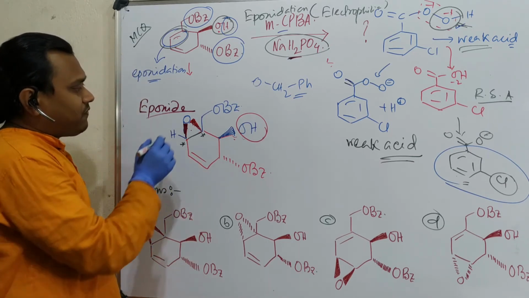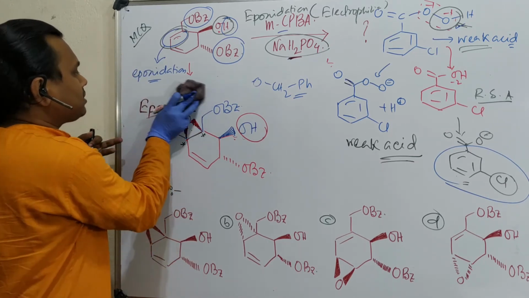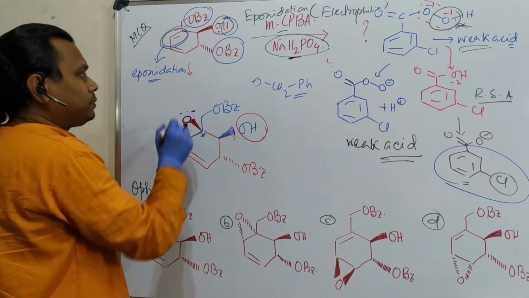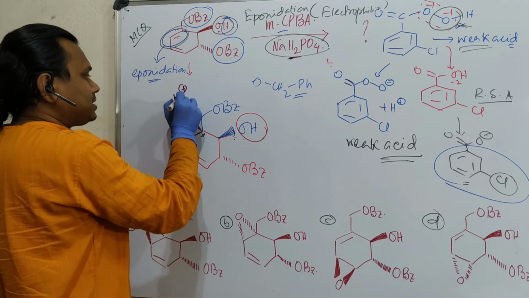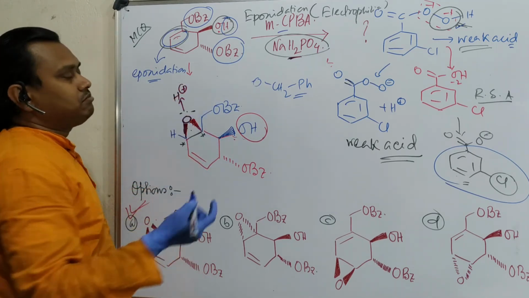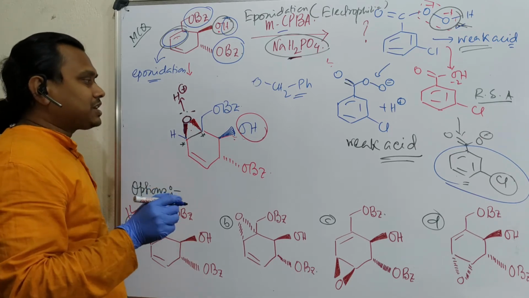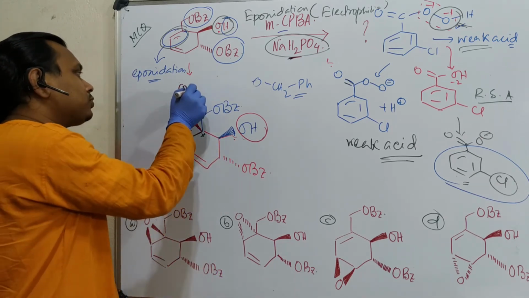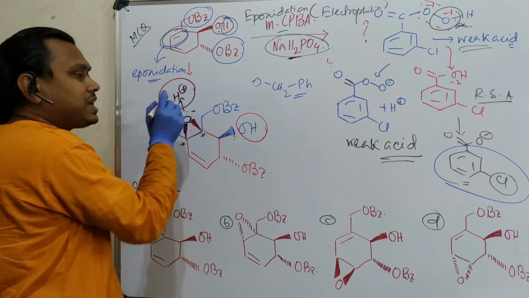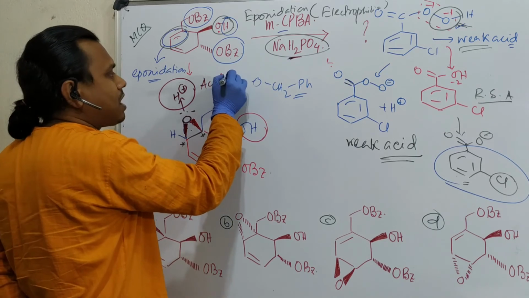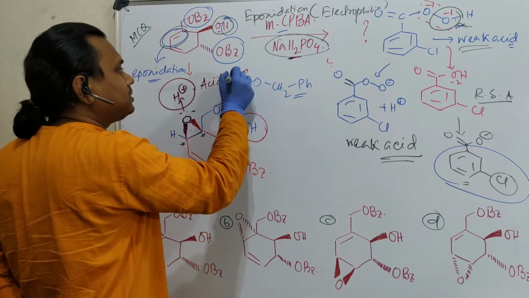So what happens if acid is present, this epoxide undergoes protonation, since it has a lone pair, it will be protonated, fine. And if it gets protonated, there is a chance that epoxide may open up, because in the reaction medium lots of things are there. And why will this protonation occur? Because of the presence of proton, means the acidity of the medium.